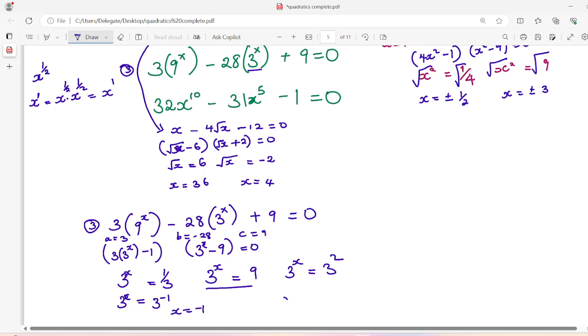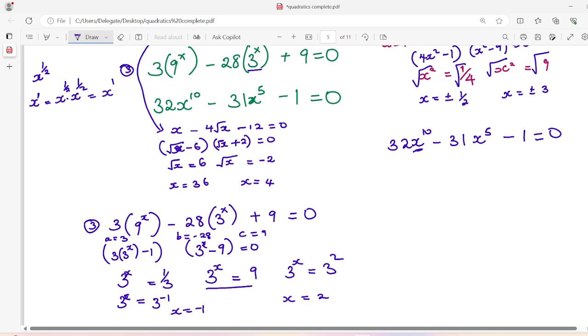Then lastly, you being able to note that actually this is also quadratic is a good thing. You being able to note that that is a quadratic equation is a big deal, because you can see clearly that if I have x power 5, then the other one is x power 5 twice, x power 5 times x power 5, which gives me x power 10.